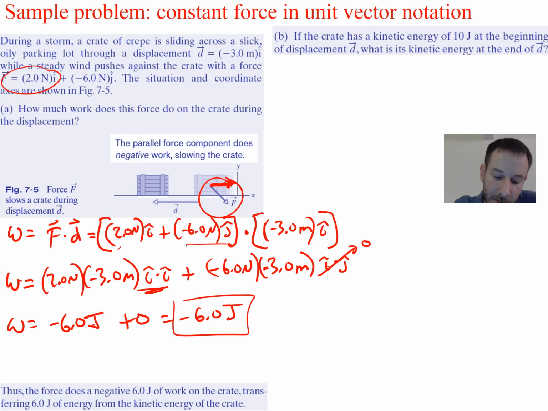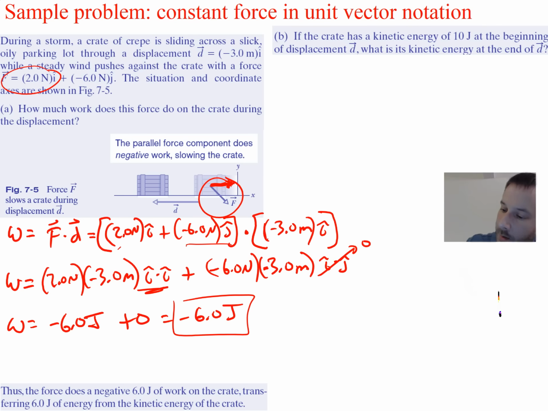Thus, the force does negative 6.0 joules of work on the crate, transferring 6 joules of energy from the kinetic energy of the crate, which means you're reducing the amount of kinetic energy that the crate has, right? The crate's moving to the left, but it's getting pushed down and to the right while that's happening. So you're actually going to slow it down as it's moving to the left. So you have a decrease in kinetic energy, which is a negative work.